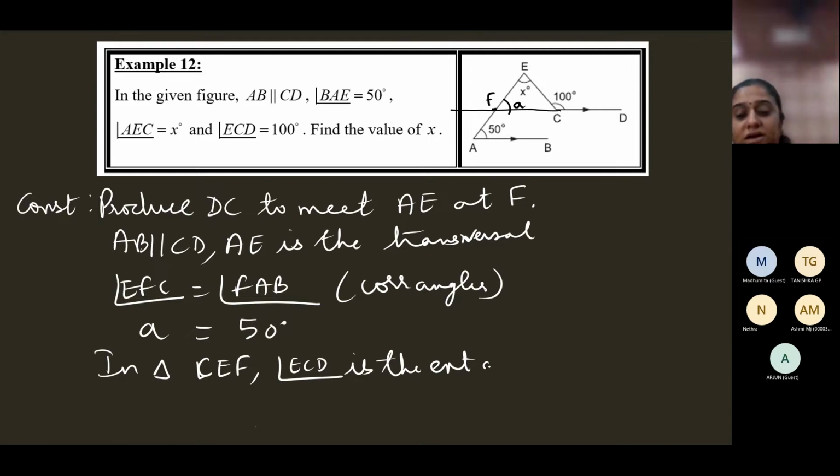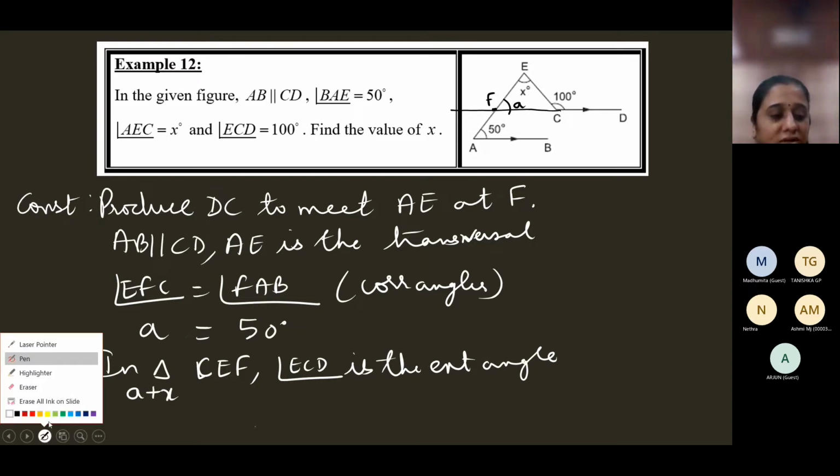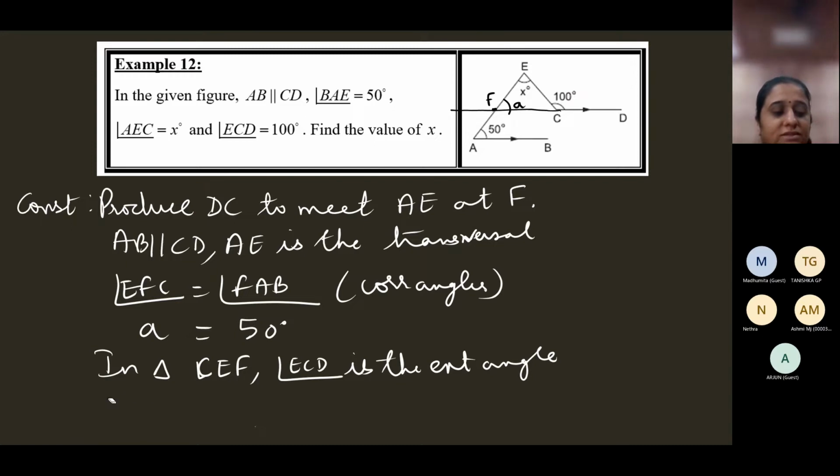The exterior angle is equal to the sum of the two interior opposite angles. So the interior opposite angles are A and X, A plus X. Oh, I wanted to write like this. Sorry. Angle EFC. You don't have to write all this, just in case you want to write it like this: EFC plus FEC is equal to angle ECD, exterior angle property.